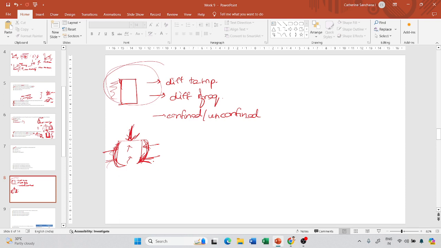So when you provide a confinement while testing the dynamic modulus, you are actually trying to replicate what is actually observed in the field, because your sample will have a confinement around it. You can also do testing in the unconfined state.